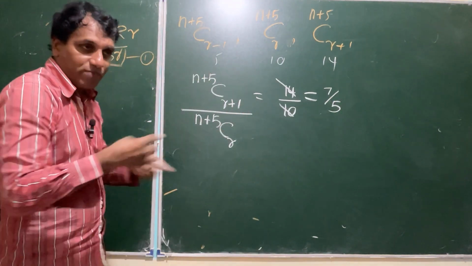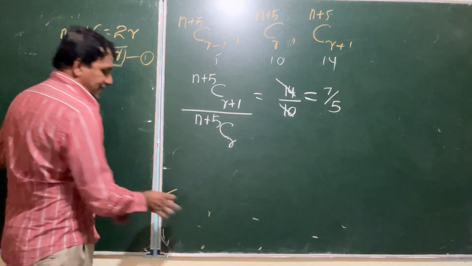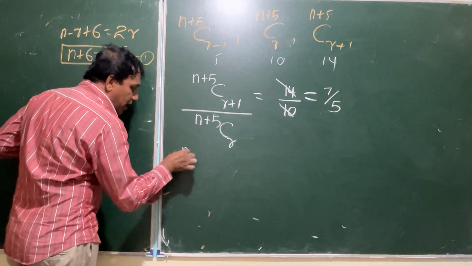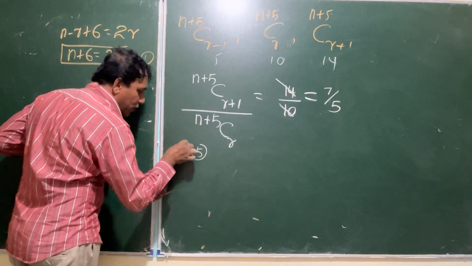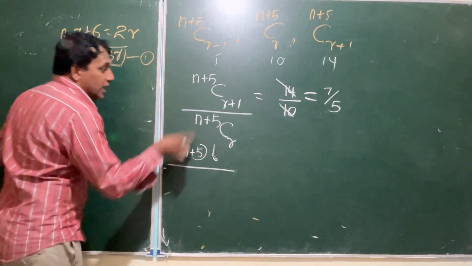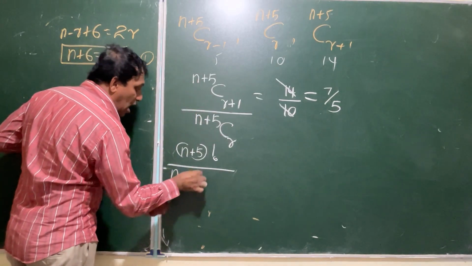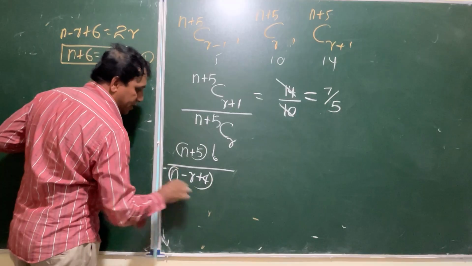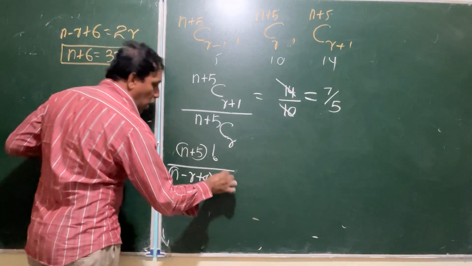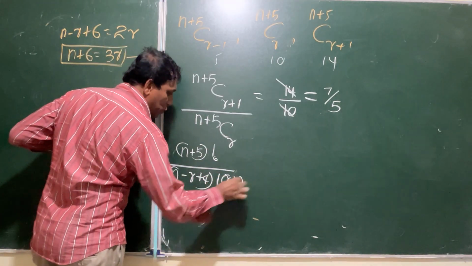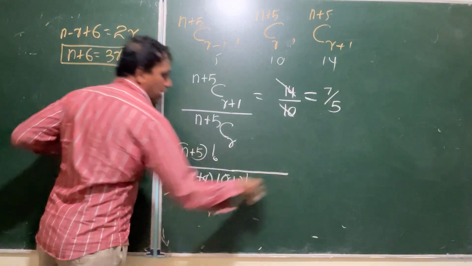Simplify this in the combination pattern. So (n plus 5) factorial over this minus this, that is (n minus r plus 4) factorial into (r plus 1) factorial.